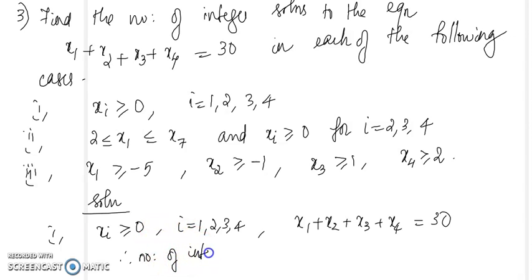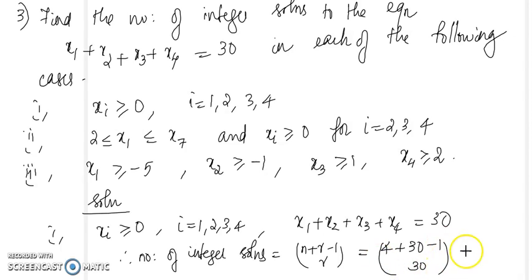So the number of integer solutions will be equal to n plus r minus 1 C r. So that will be 4 plus 30 minus 1 C 30. So you will get 33 C 30. So that is the required value.